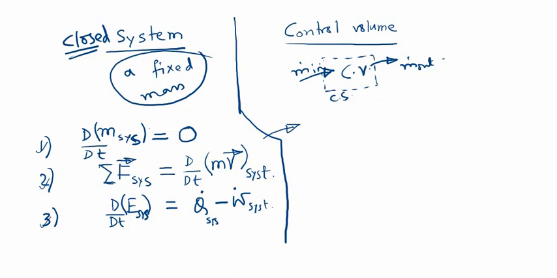Now, for the control volume, if we want to write these laws, there is no proof of this law. So what we basically want to do is use the Reynolds transport theorem, RTT.